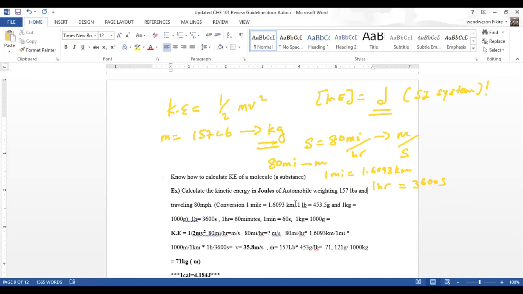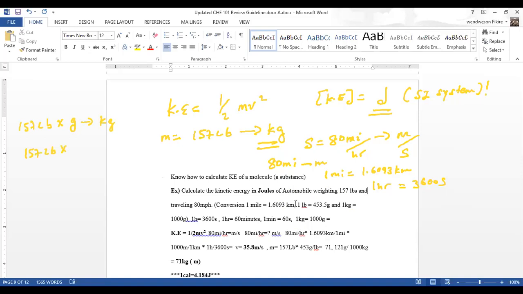the 157 pounds has to be changed into grams first, and the grams has to be changed into kilograms. That's how the conversion works here. So 157 pounds times 1 pound equals 453.5 grams.